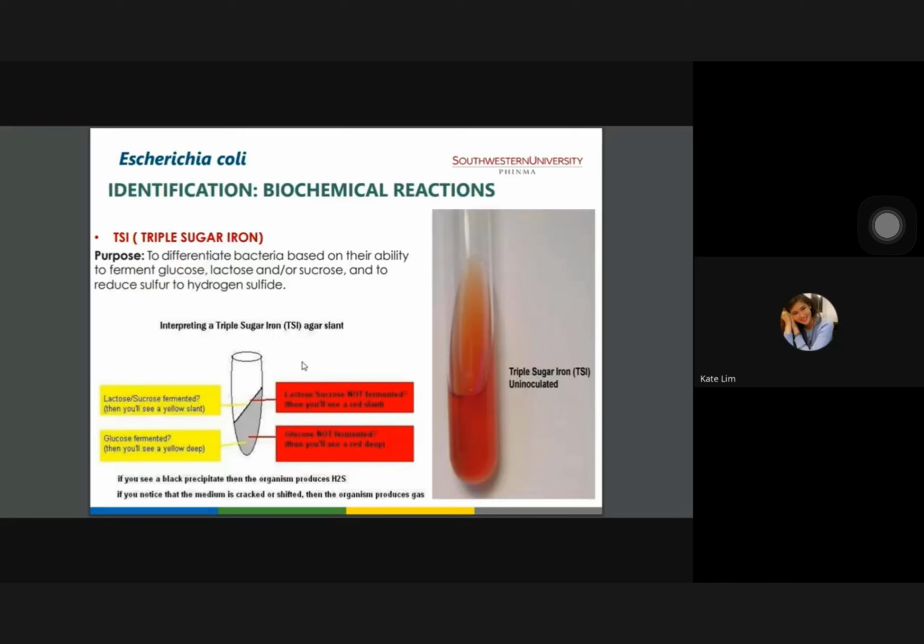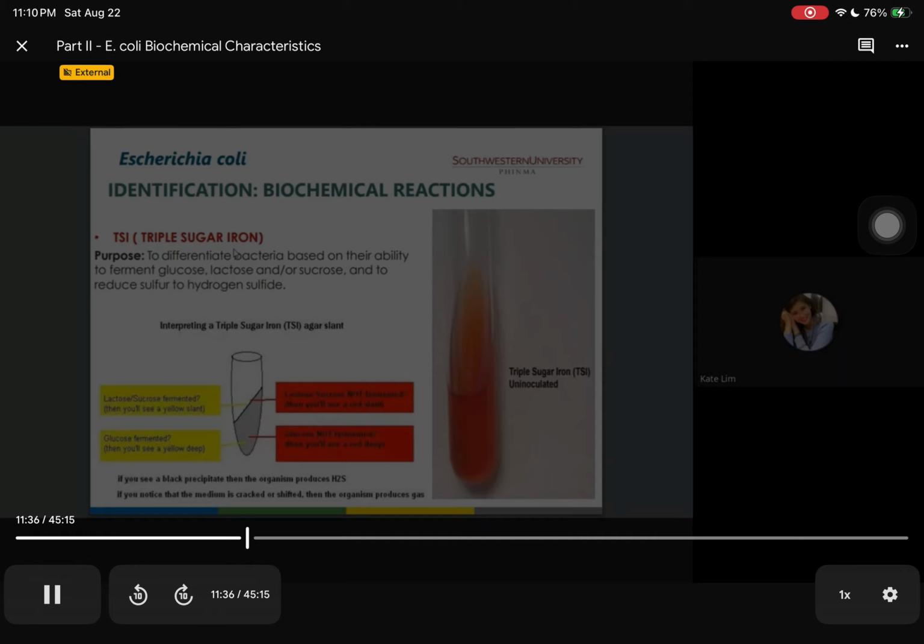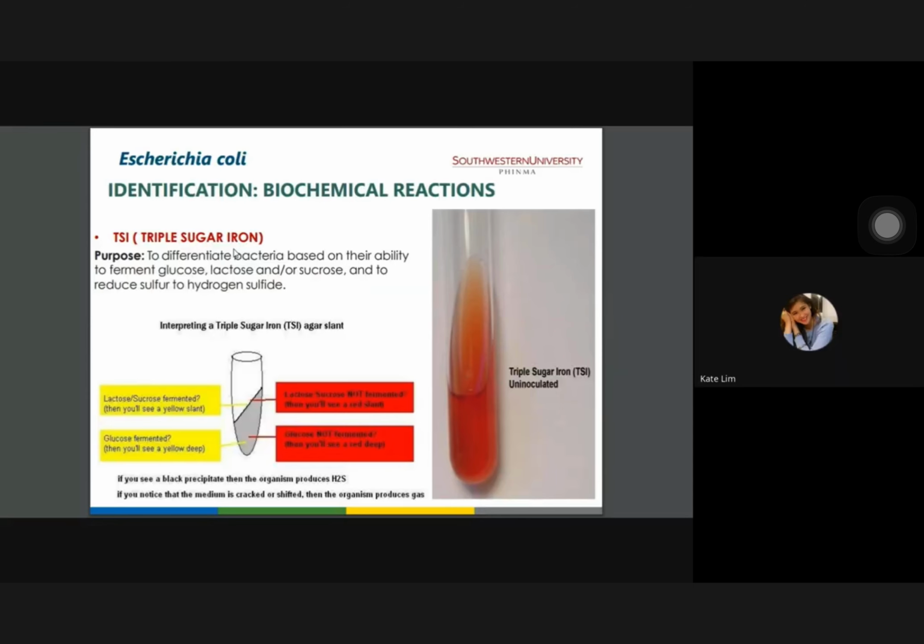So it's triple sugar iron. What does iron stand for? Your TSI has iron salt. This iron salt can detect hydrogen sulfide production. It would help us detect the presence of hydrogen sulfide. That is why it's triple sugar iron. So in this composition of our TSI, number one, it has three sugars, triple sugar: the glucose, the lactose, and the sucrose.